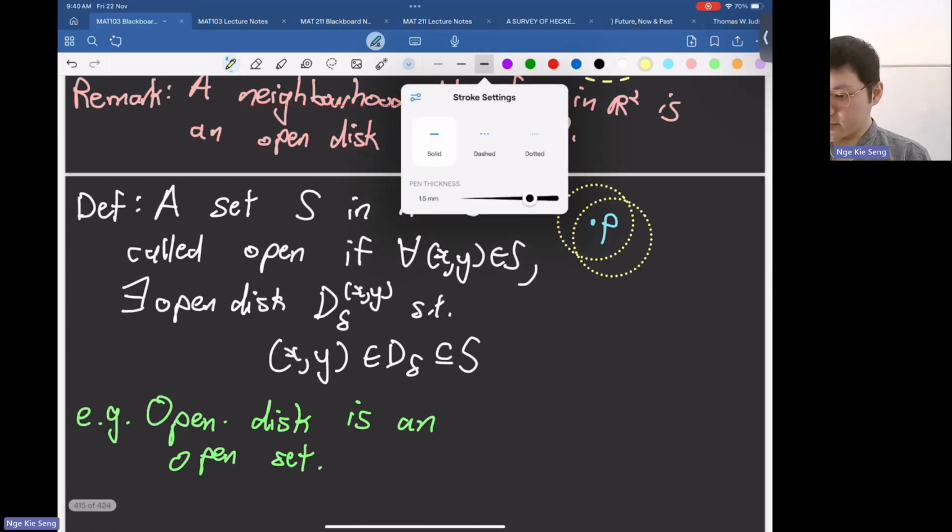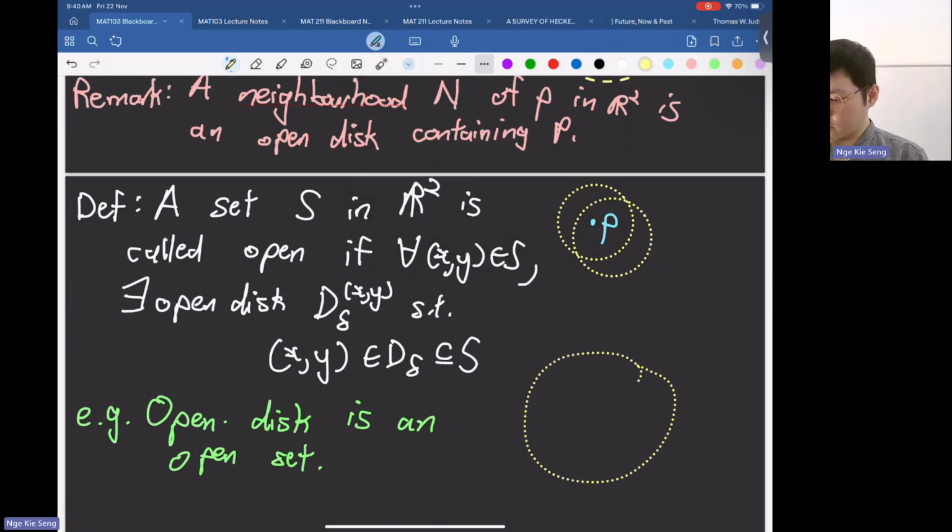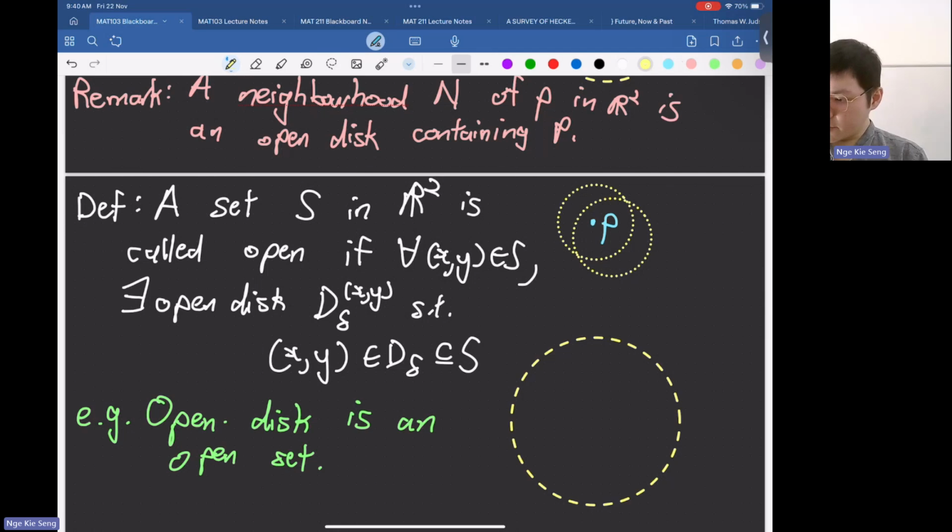let's try. You try and draw an open disk. Is it true that if you go to any point inside your open disk, you can find another open disk that contains this point inside the open disk? Is it true or not?